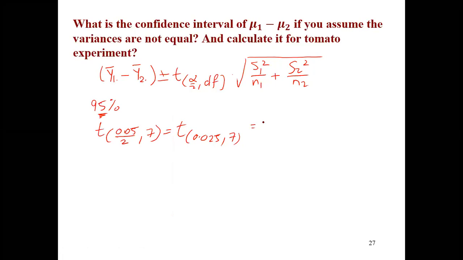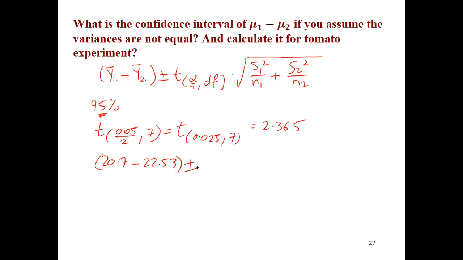So this value is 2.365. Now let's plug in all the numbers we have in this formula. Y1 bar is 20.7 minus Y2 bar is 22.53 plus or minus the new t 2.365 times the square root.